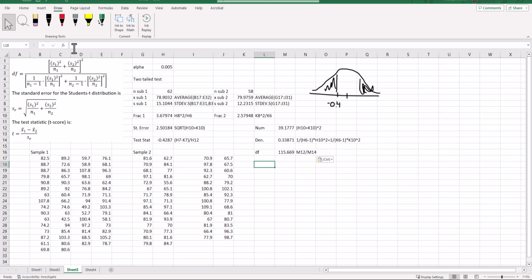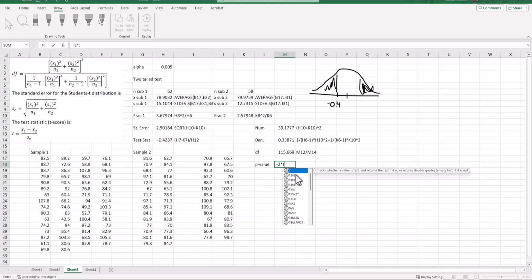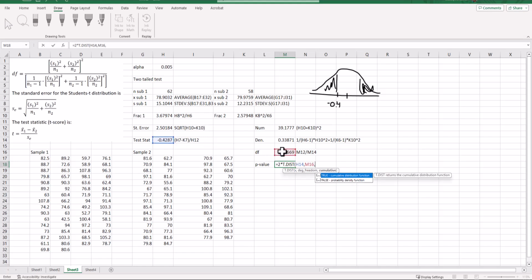And so now when I go to find my p-value, I've got to do 2 times a t-distribution, and I can use my test statistic, comma, my degrees of freedom, and true, and I'm getting a value out here like so.